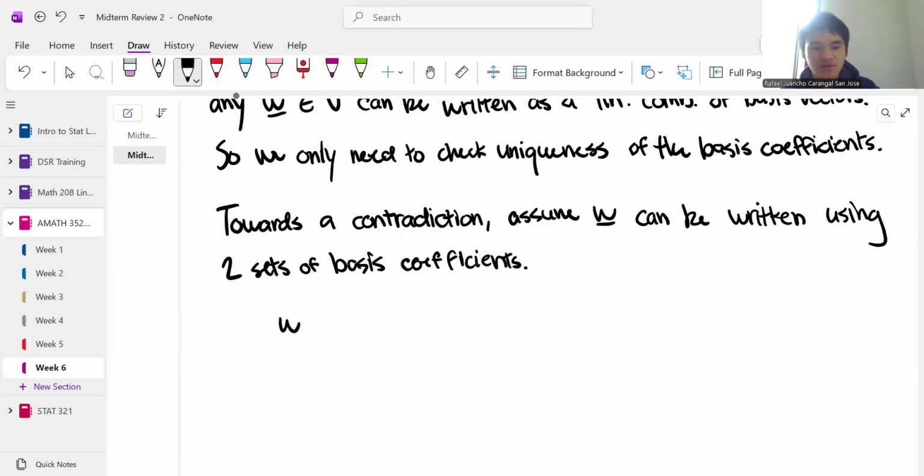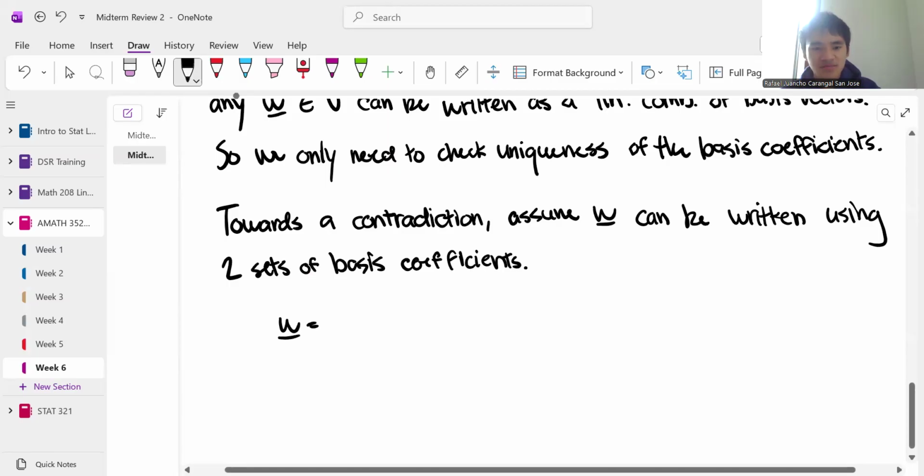So we can say W can be written using some scalars alpha, right? Oh shoot, that was a V. Keep going all the way to N. But then it could also be written using some beta.